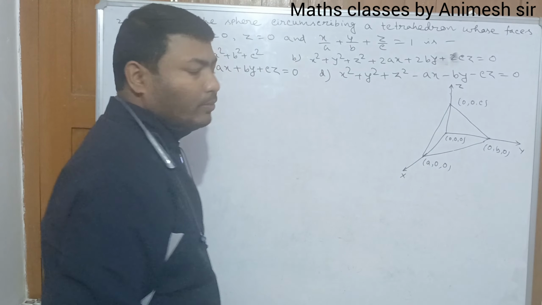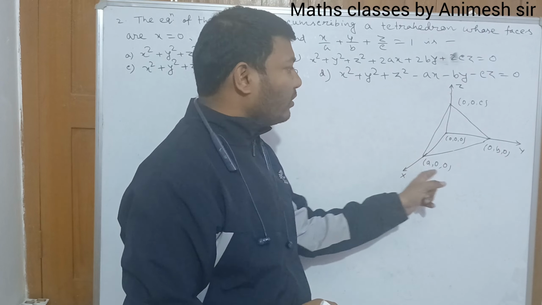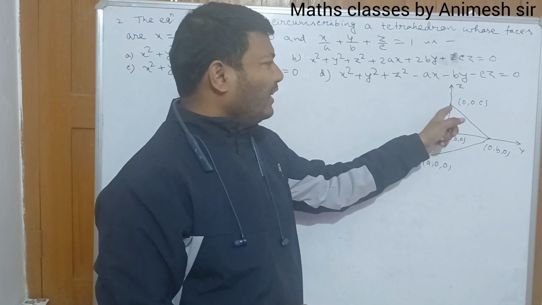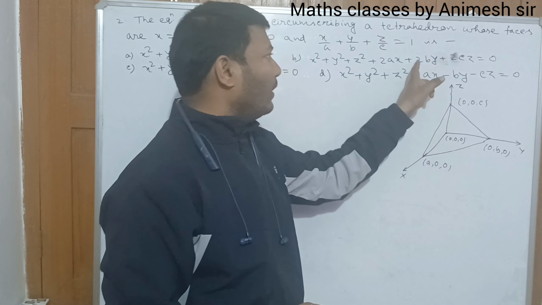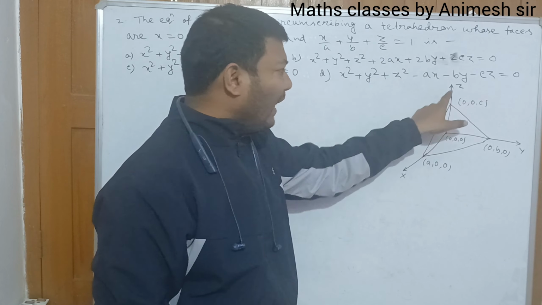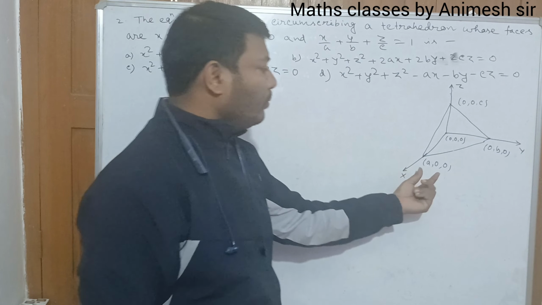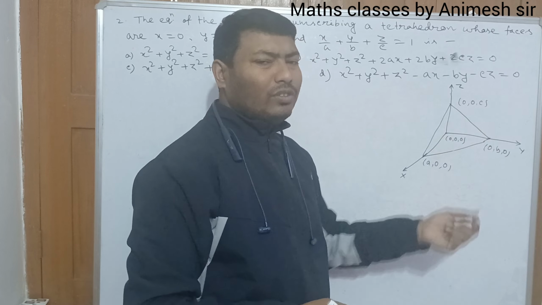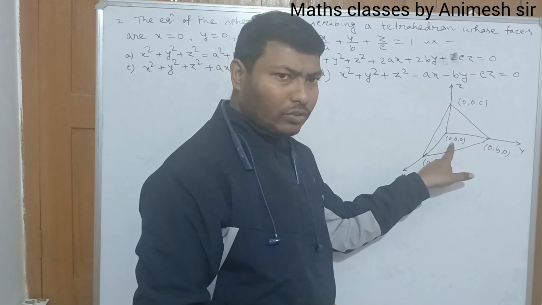First, we need to find the vertices of the tetrahedron. What will be the vertices? The intersection points of the plane x by a plus y by b plus z by c equals 1 and the 3 coordinate axes. So the points of intersection will be a, 0, 0; 0, b, 0; and 0, 0, c. This is obvious, and the origin 0, 0, 0.